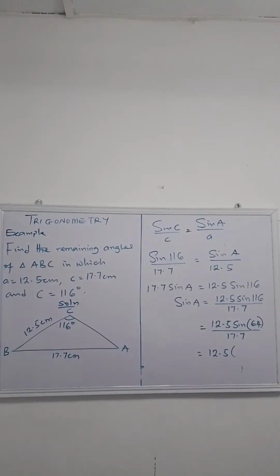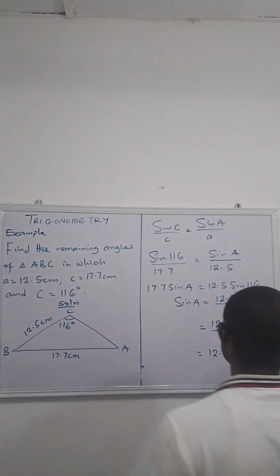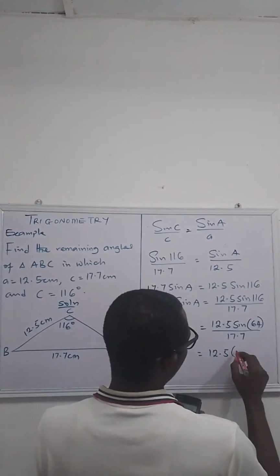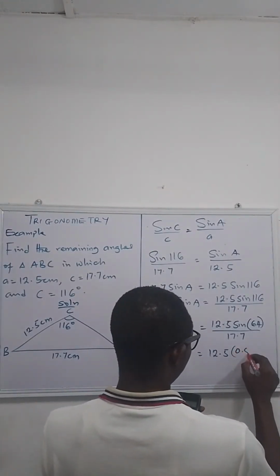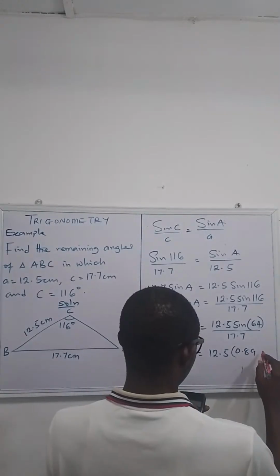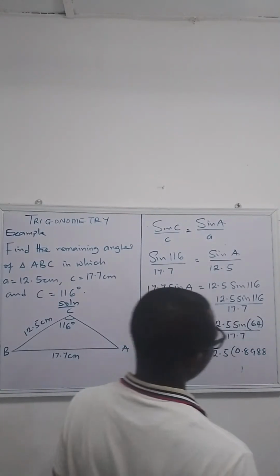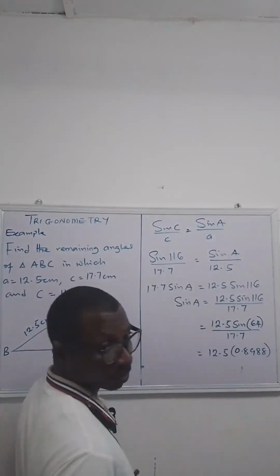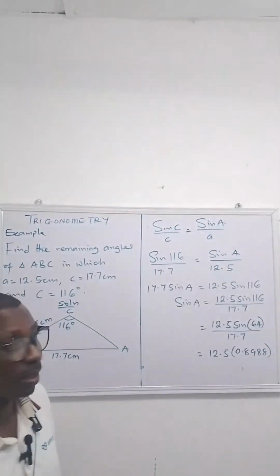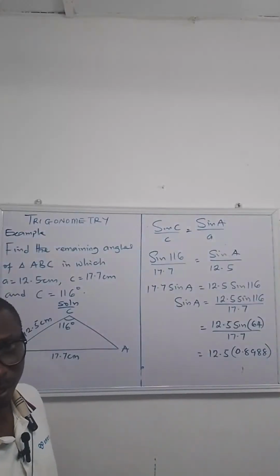All right. Now, if you punch your calculator correctly, we have 0.8988. But if you make use of your four-figure table, just check under sine of angles.